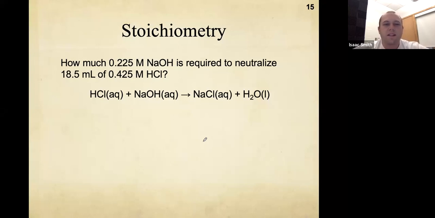So this question is a stoichiometry question, obviously. It says how much 0.225 molar sodium hydroxide is required to neutralize 18.5 mL of 0.425 molar hydrochloric acid. So we need to know how many moles of hydrochloric acid are going on here.